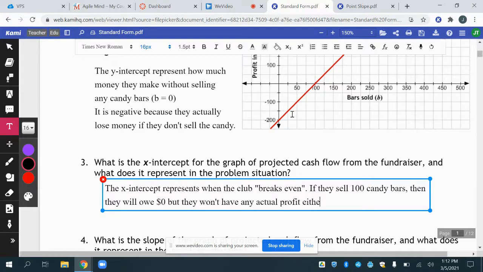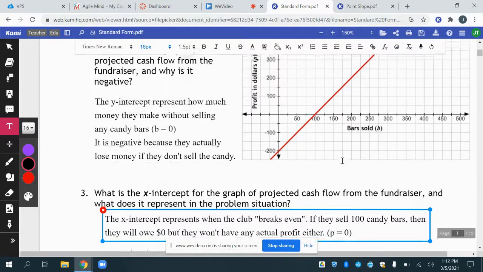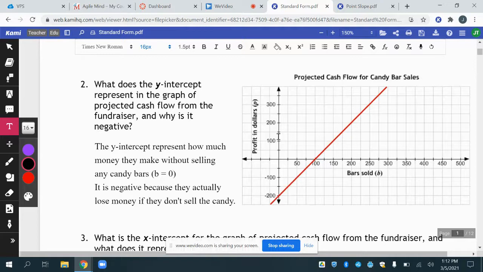So they won't have made money, but they won't have lost money either. Right? P equals 0. Their profit equals 0. This is P. This is 0 now.